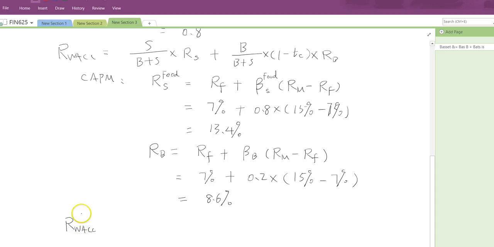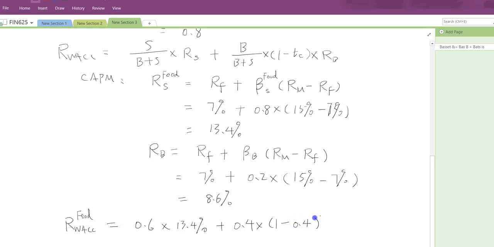So the weighted average cost of capital for the food division. Just plug in the numbers. Food division, remember the debt capacity is 40%. Hence the equity ratio is 60% times the RS, 13.4%, plus 0.4 times 1 minus the tax rate. Remember the tax rate is 40%.